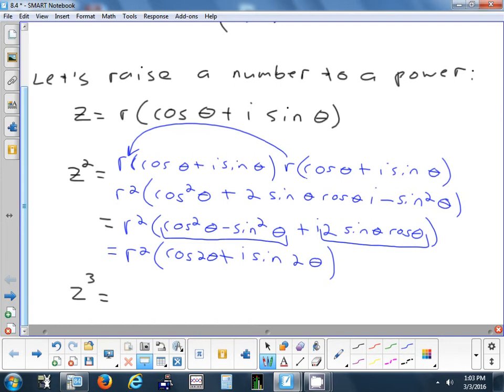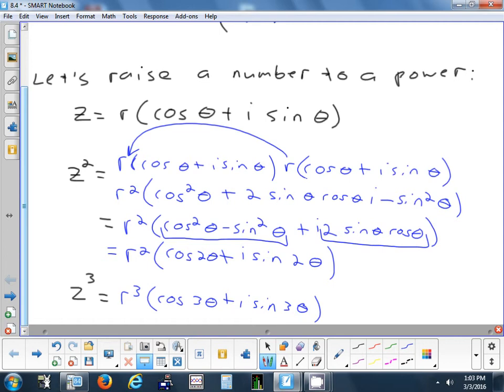What do you think z cubed would be? r cubed, cosine 3 theta, plus i sine 3 theta. So r cubed cosine 3 theta plus i sine 3 theta. If I wanted to raise something to the 90th power, it would be r to the 90th, cosine 90 theta plus i sine 90 theta.